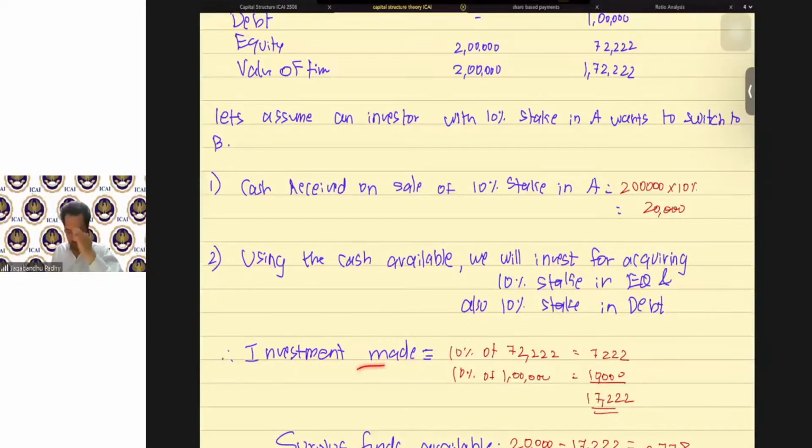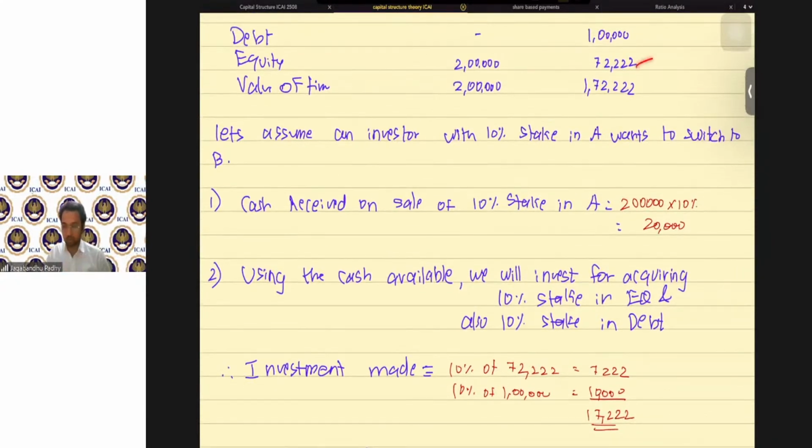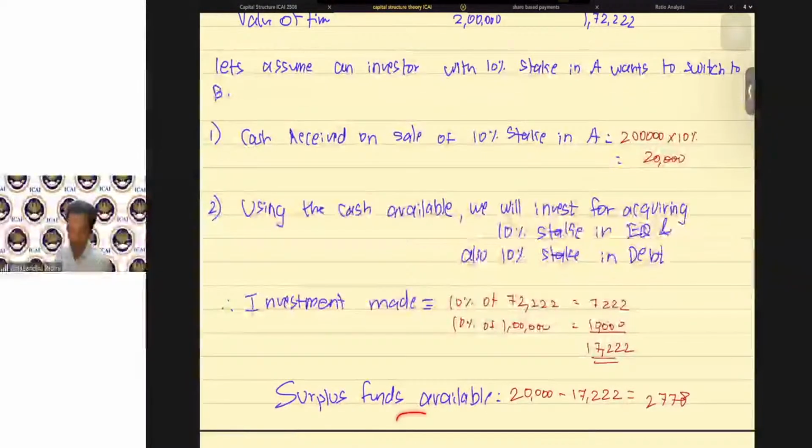So the investment that we make is 10% of 72,222 and 10% of 1 lakh. So the investment that we make is 17,222. Sir, we had 20,000 funds. So can I say we still have surplus funds of 2,778?